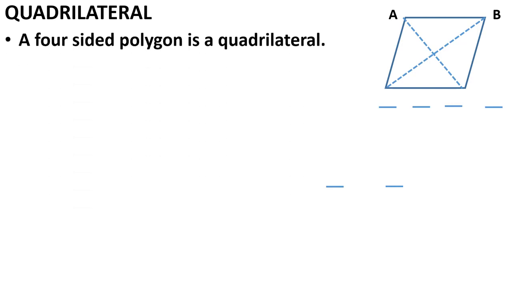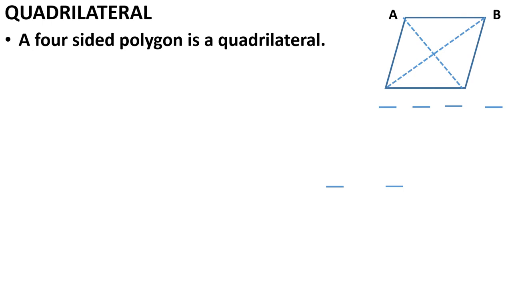Let's start with what a quadrilateral is, or define a quadrilateral. A four-sided polygon is called a quadrilateral. Any four-sided polygon is called a quadrilateral.